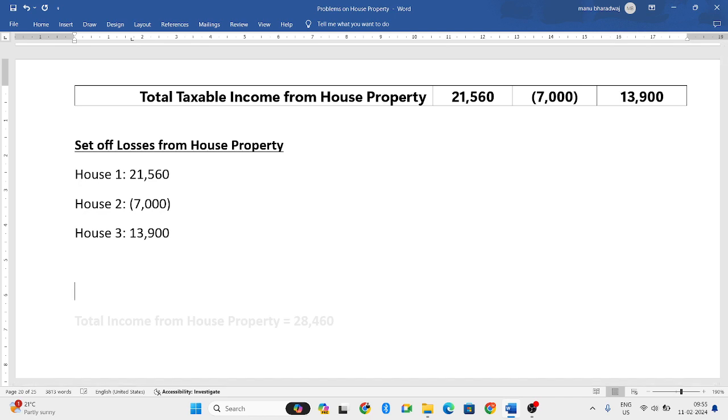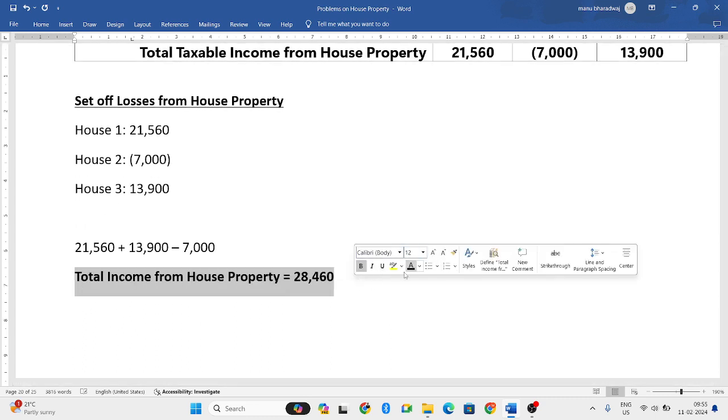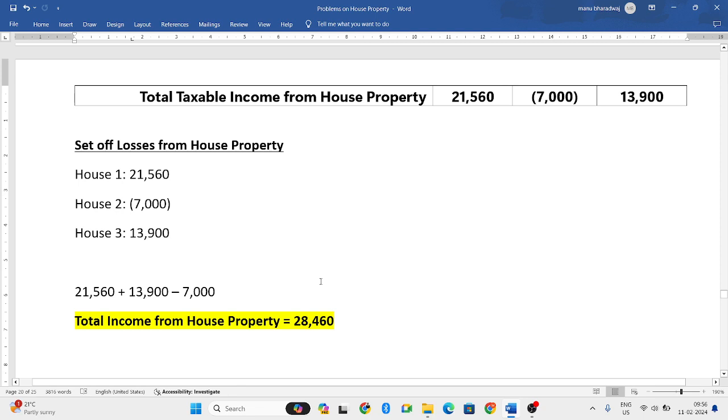So in order to get the total income, 21,560 plus 13,900 minus 7,000, if you do, you will get 28,460, and that 28,460 is the total income from house property.